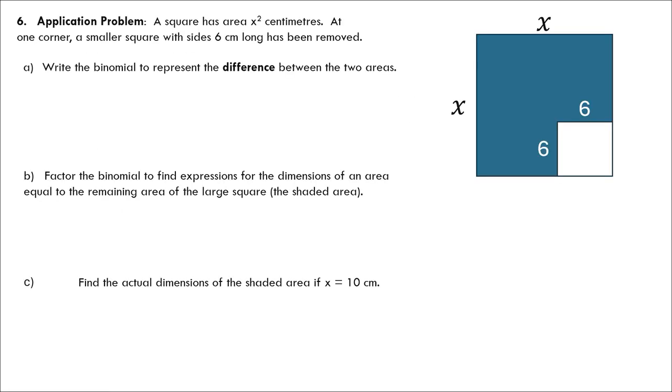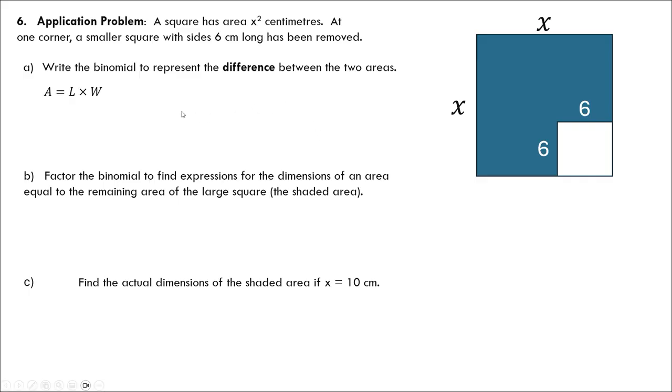So we have an application. Here we have a blue square. Now without the white square, the area would simply be x times x. Remember that area is length times width.